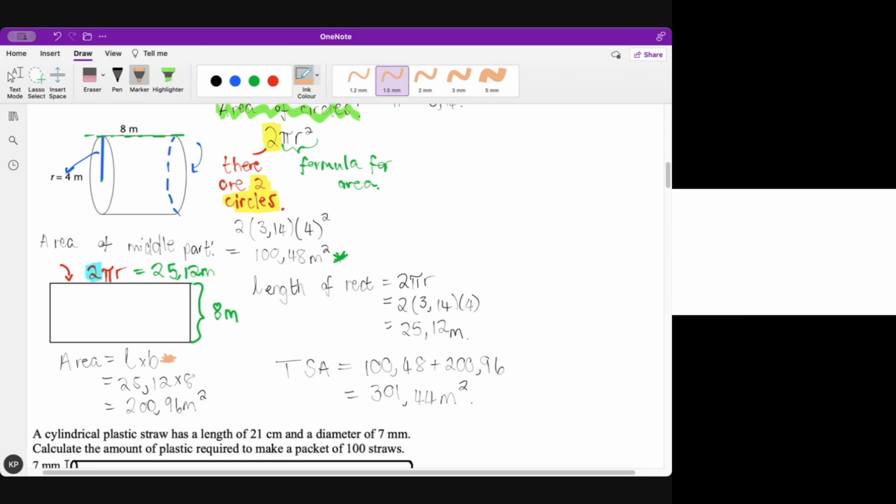Okay. And we just established that your length, or the longest side, this one, is the one that goes around. So that's why we worked it out using the circumference. Does that make sense? Yep. And then your breadth will just be the height of the shape. So you times them, you get 200,96. Now, if you are going to buy wrapping paper for this thing, if you bought 200 meters squared, would that be enough to wrap the whole thing?